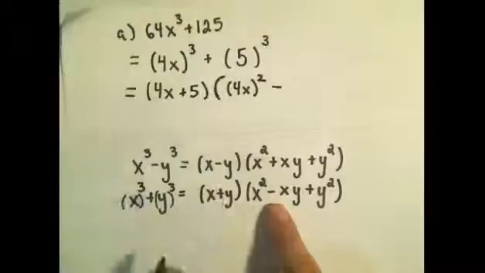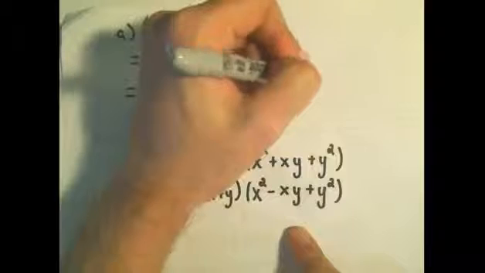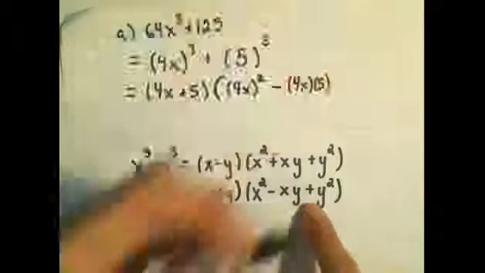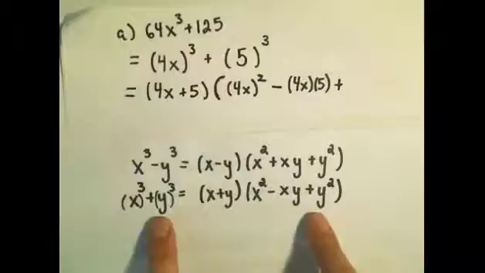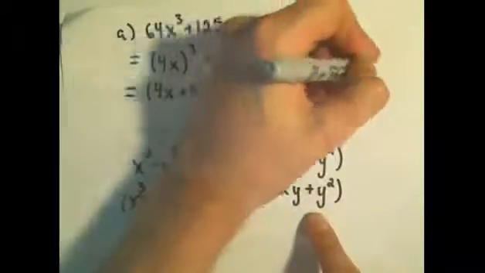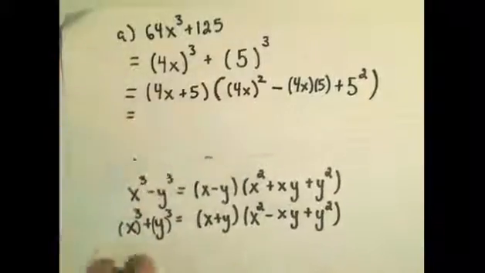Then it says write a minus sign. It says take the first thing times the second one. So 4x times 5. And then it says write a plus, and whatever number was originally cubed, we now take that number and we square it. So certainly it takes a little getting used to for sure.